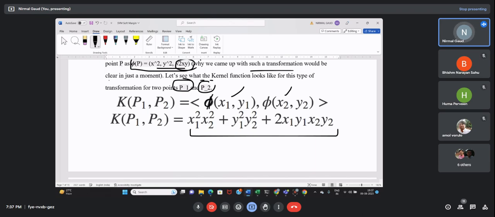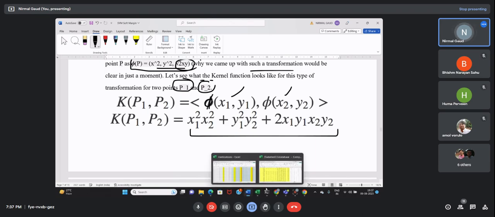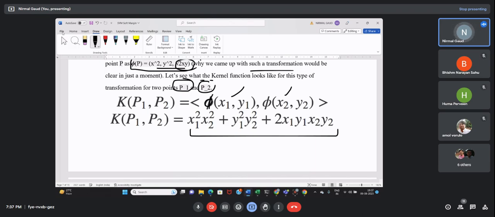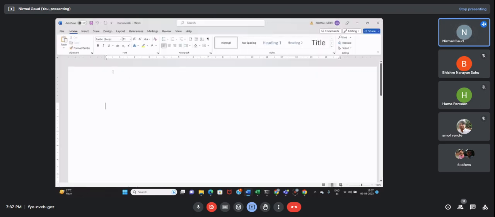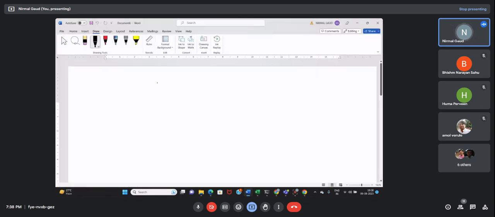Okay, so if I have x1 y1, x1 y1 can be written in a vector notation. How can we write x1 y1 in a vector notation? If we have the circle equation, for example, it is given to us as x square, y square, square root of 2xy.